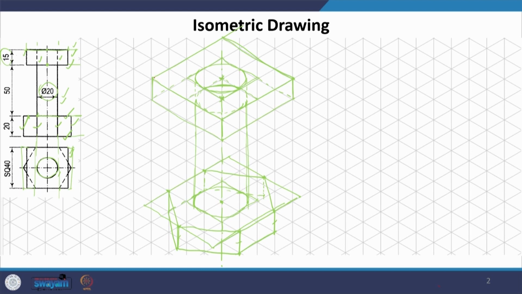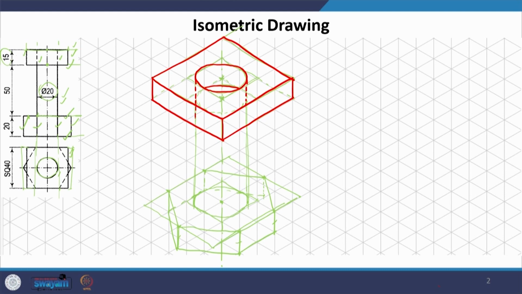While you darken, you have to remember which are the visible parts of the object which is given to us. So, this is the top square which you see. This is the top circle which we see, the dark one, and this is the part of the lower one, the dotted line. This is the square top.